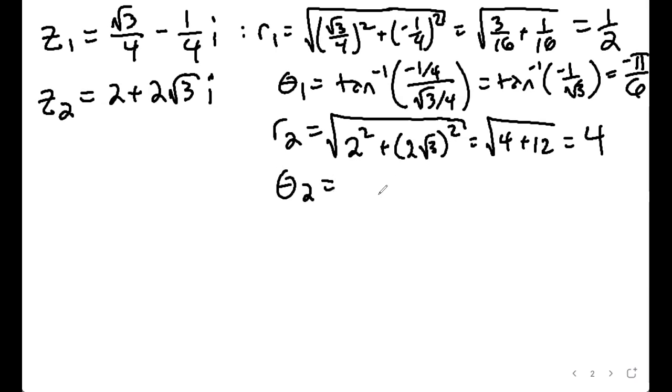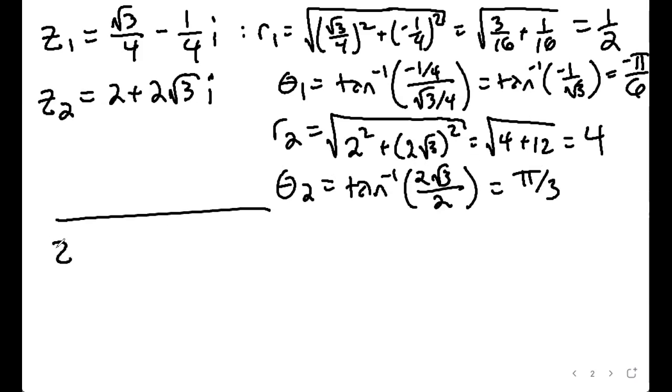And theta 2: again, x here is positive, so theta 2 is going to be arctangent of y over x. So arctangent of 2 root 3 over 2, arctangent of square root 3, is pi over 3. So what can we say at this point?